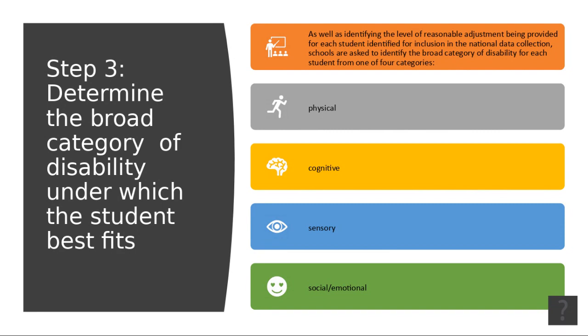So when you're deciding which category this student fits under, they may, as I say, have issues across all of the broad categories. You've got to look at what the category's got to be about the student. In which of these categories is the individual most affected in a school context?